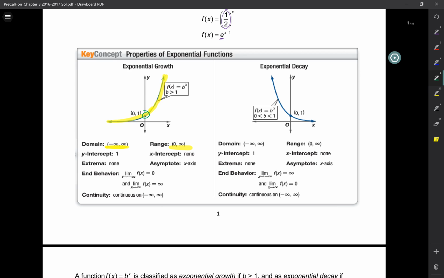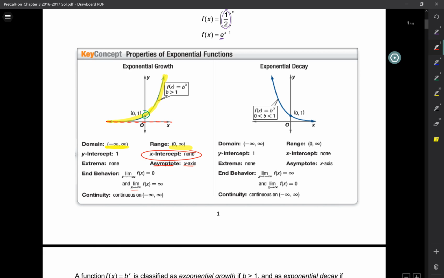Well, what about the x-intercepts? Well, as it turns out, there is an asymptote at the x-axis. So if the x-axis is an asymptote, the graph comes exceedingly close to but never touches the x-axis. Therefore, there are no x-intercepts. All right, and we can figure out the end behavior.